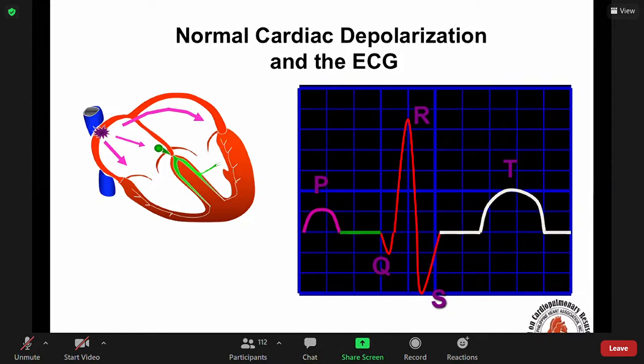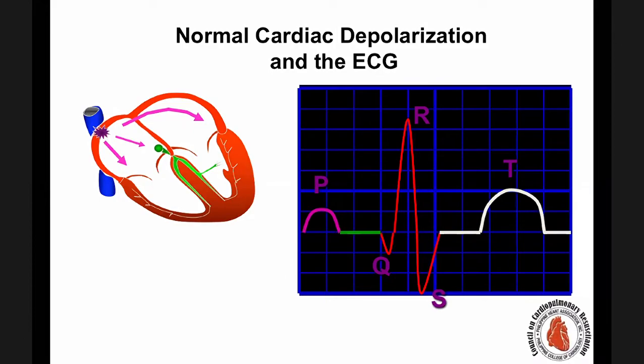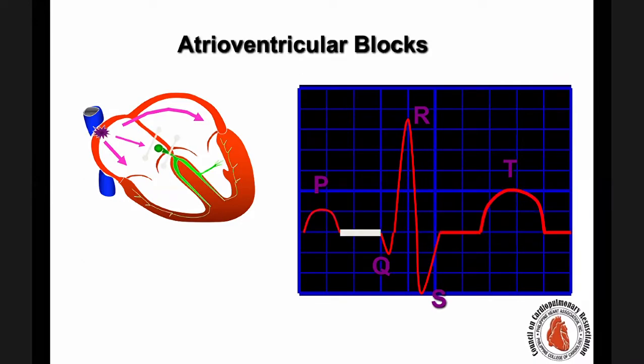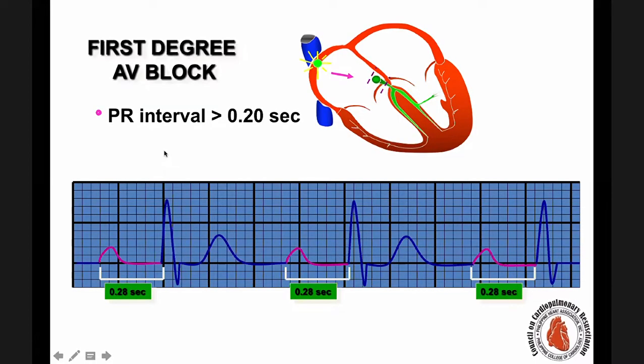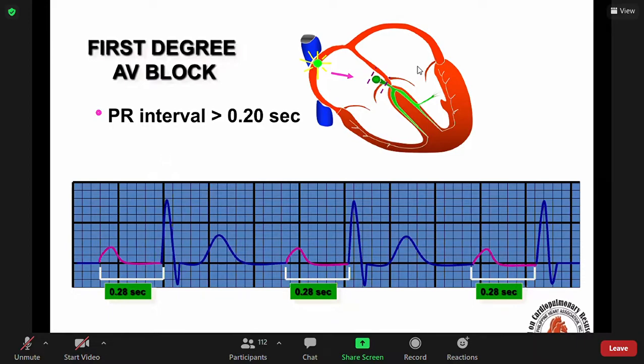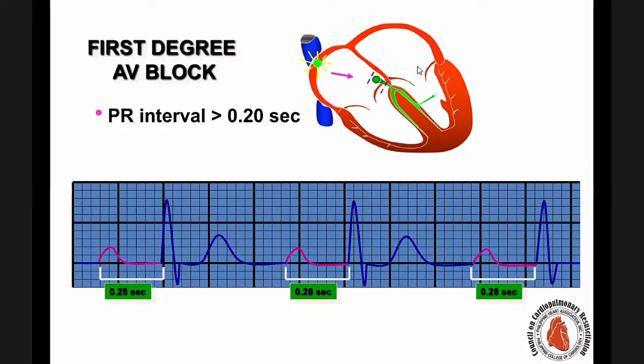While a third degree AV block, not at all. All firing coming from the SA node is completely blocked in the AV node. Okay, so the problem in atrioventricular blocks is in the AV node. Somehow there is abnormality in the conduction across the AV node. So the first degree AV block is simply that the conduction velocity in the AV node is prolonged more than 200 milliseconds, but it is still able to conduct to the ventricles, just delayed.